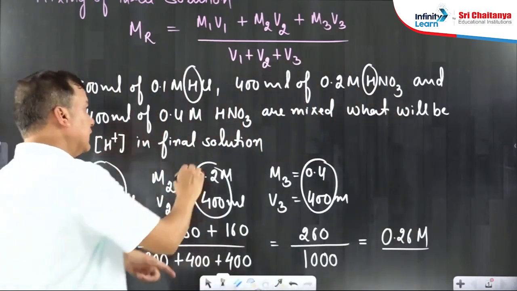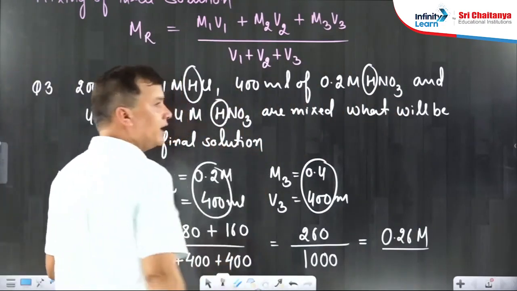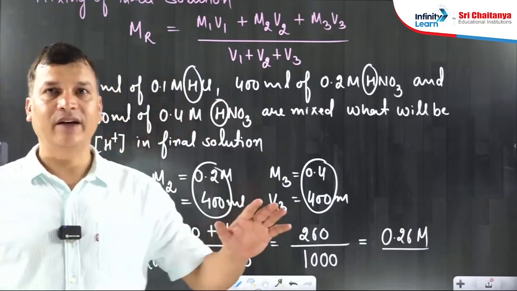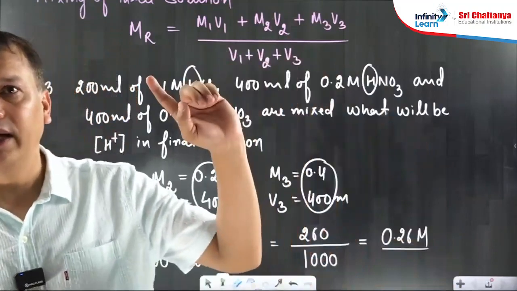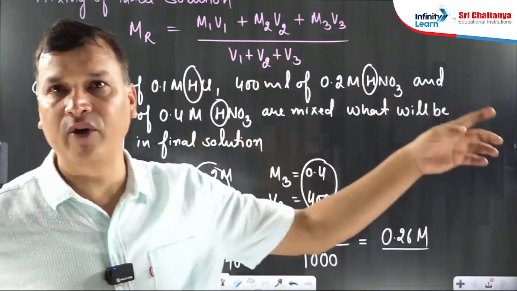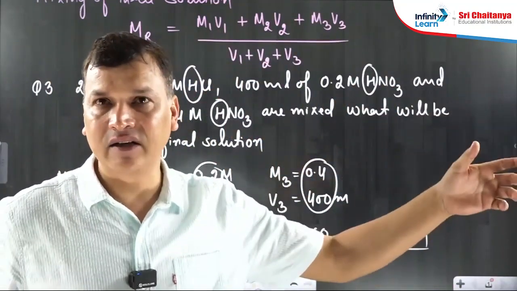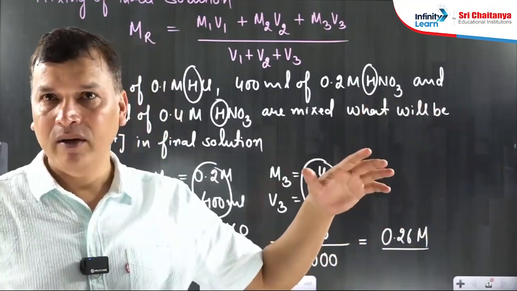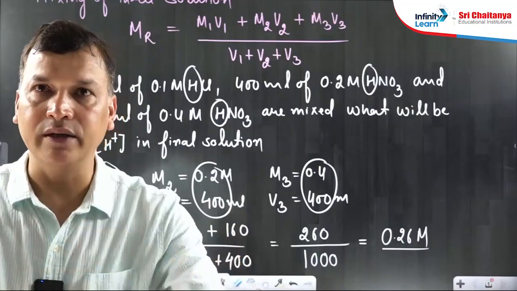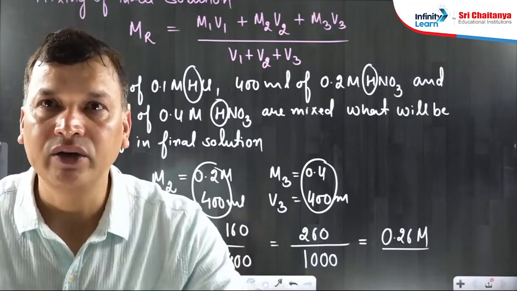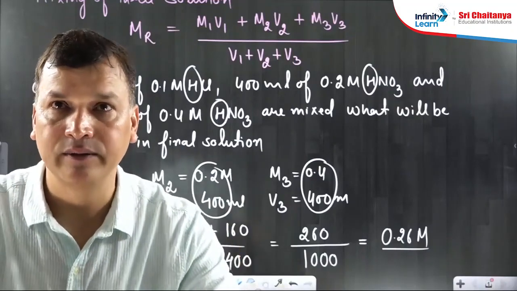In the third nitric acid, that is also H positive. Means there is a mixing of H positive. H positive is coming from HCl solution, H positive is coming from nitric acid solution, are you understanding what I am saying? So dear, when they are mixed together, there is addition of H positive ions.